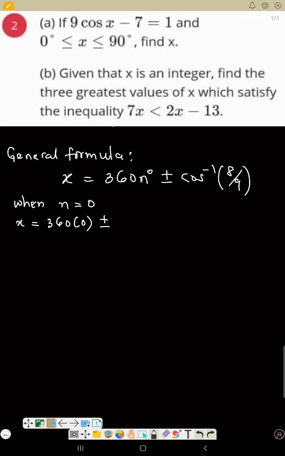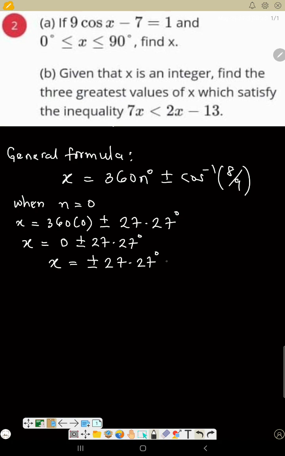So arc cos 8 over 9, you have 27.27 degree. Now 360 times 0 is 0. So x is equals to 0 plus or minus 27.27 degree. So that means x is equals to plus or minus 27.27 degree. So that is one value in that range.